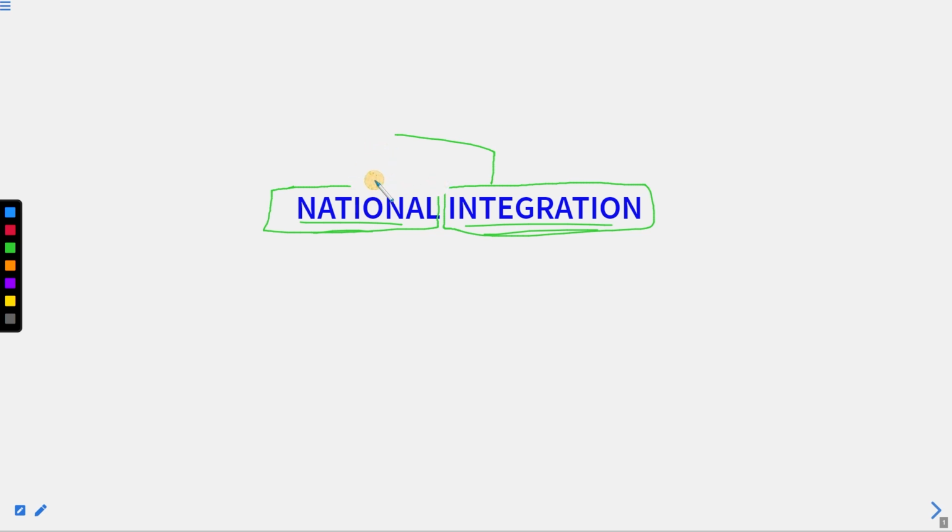And when we wear the glasses that look at these terms from a single point of view, then it becomes the one word national integration, not the separate words national and integration. National means when we're talking about the entire country. Integration means when we're talking about different things, but all these different things are in a common sphere, right?